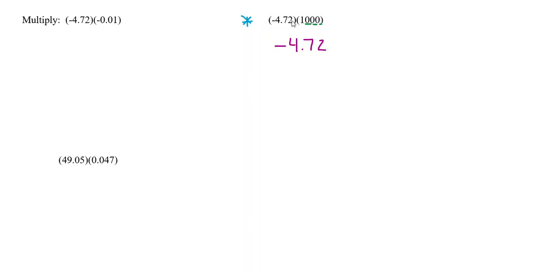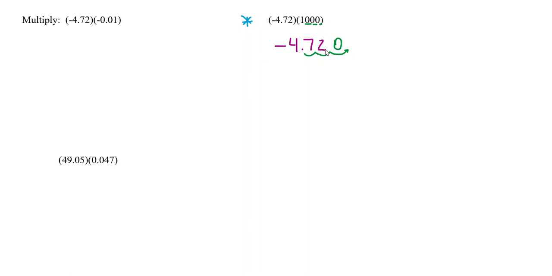And think about this, negative 4.72, I mean, ignore the negative for a minute, but just think about 4.72 multiplied by 1,000. It's going to get bigger, 1,000 times bigger. So we're going to move the decimal over so this gets bigger, and we're going to move it over 3 spaces. Now, I actually don't have 3 spaces to move it over, so I'm going to have to put a 0 in here, kind of as a placeholder.